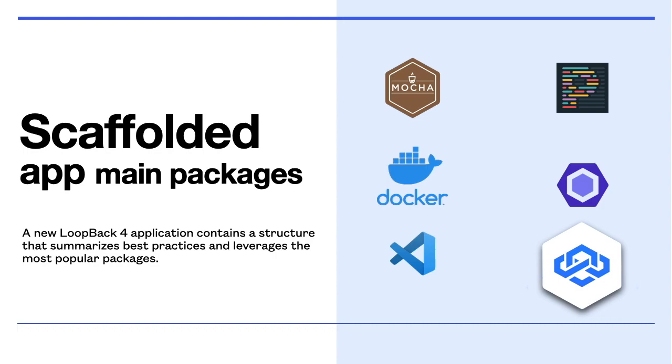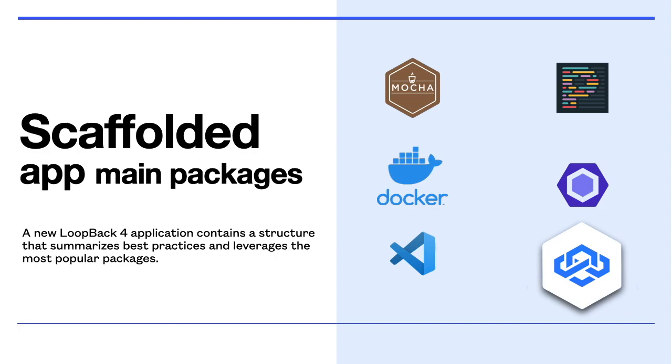Whenever you scaffold a LoopBack 4 application, you will see that it contains certain packages. For example, Mocha is the main package used to build tests, acceptance and unit tests, Prettier to check how the style of the code is going, and ESLint, which is the analyzer that sees if something is going to be wrong or is wrong with your code.